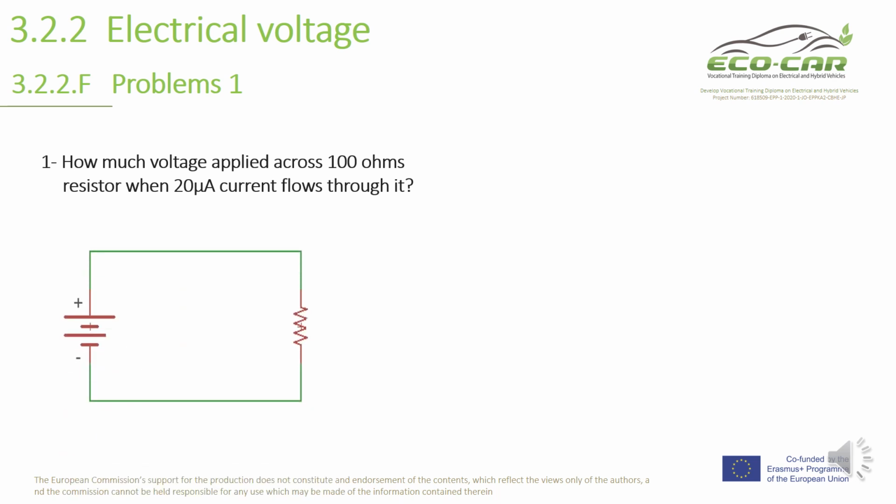As we see in this circuit, we have here a resistor of 100 ohms and a current I in this circuit. So what is the voltage across the resistor? And also what is the voltage here? And also the same as here.